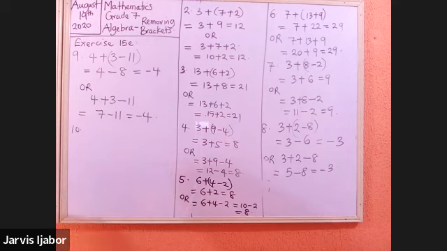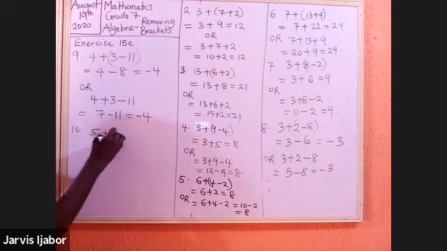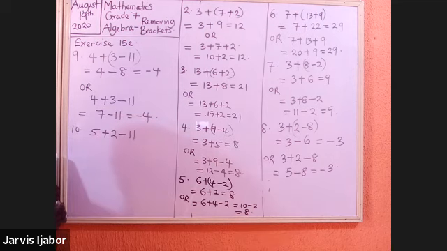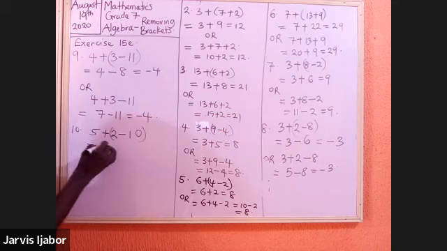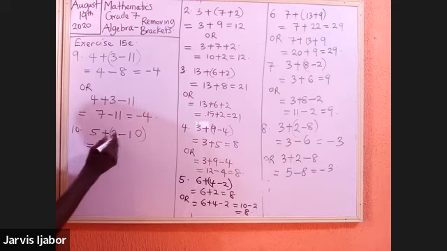Number 10. In question 10, 5 plus 2 minus 10. Okay? So this will give me 5 plus 2 minus 10, which is the same as saying 10 minus 2, but it will be what? Negative.